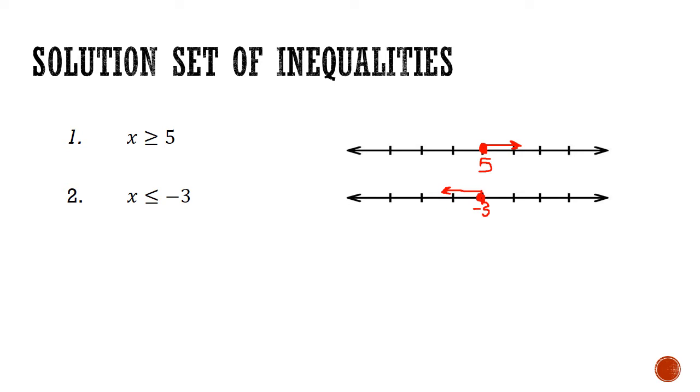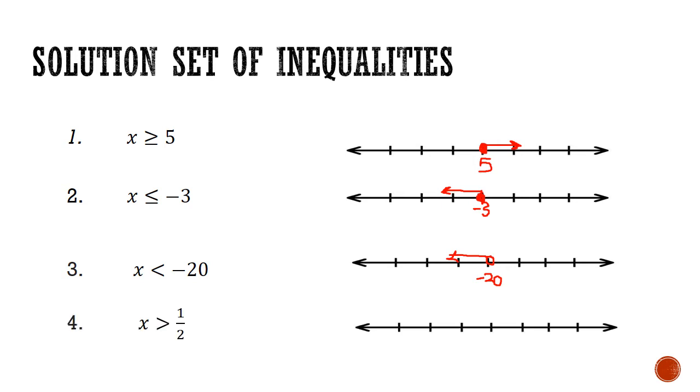Our next example is x less than -20. I'm going to have -20 in the middle of the number line. I'm not including -20. It doesn't say less than or equal to. That means I need to represent -20 with an open circle and then an arrow to the left to represent the smaller numbers.